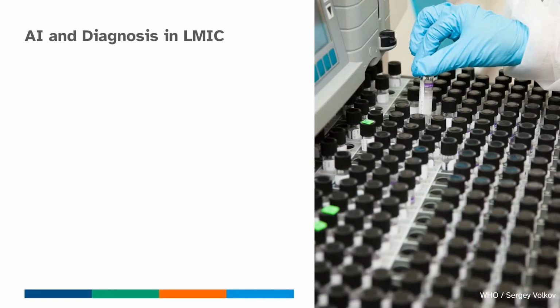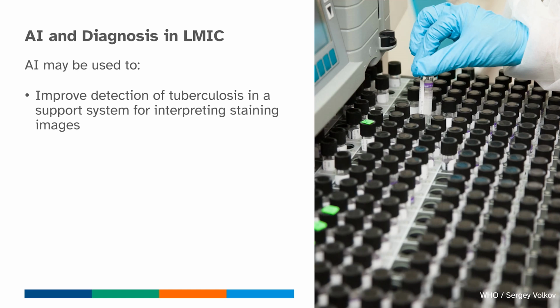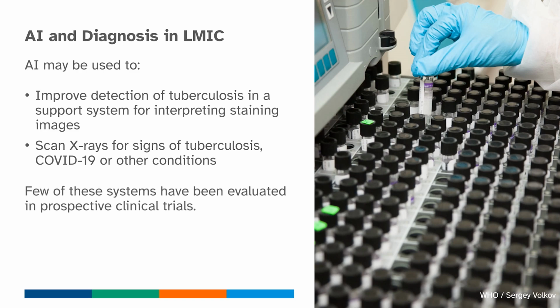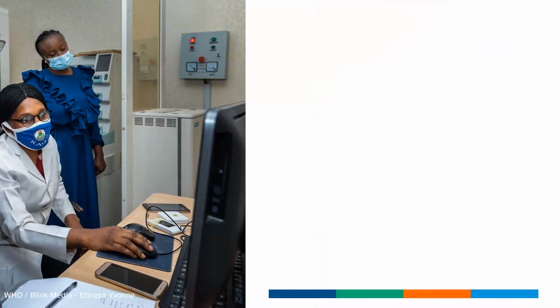In low and middle-income countries, for example, AI may be used to improve detection of tuberculosis in a support system for interpreting staining images, or scan X-rays for signs of tuberculosis, COVID-19, or other conditions. However, few of these systems have been evaluated in prospective clinical trials.